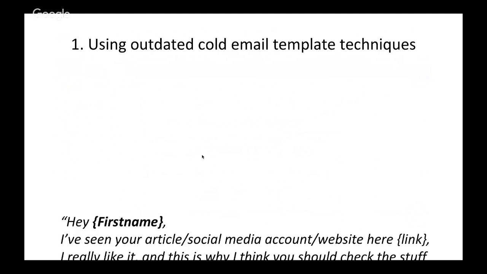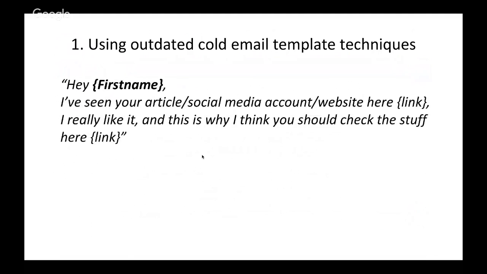But for some reason, a typical cold email still looks similar to this: Hey, first name, I've seen your something, your article, your social media account, your Twitter account, your website here, and I really like it. And this is why I think you should check the stuff that I sell or the stuff that I represent. I mean, really, come on, people.